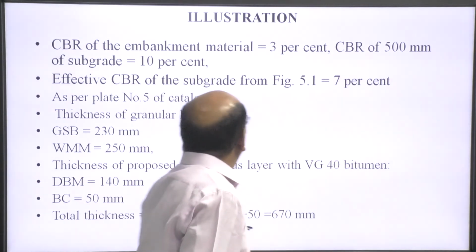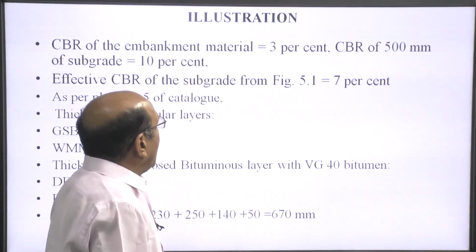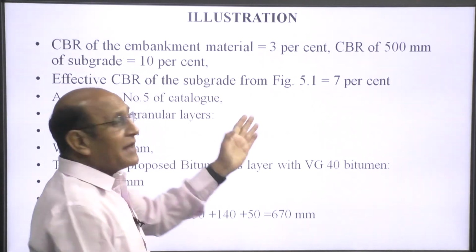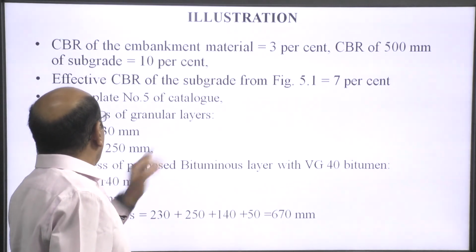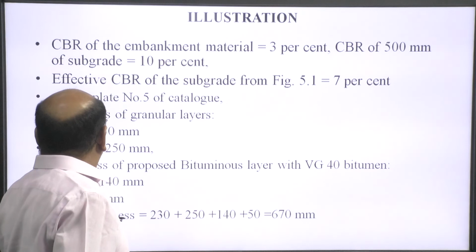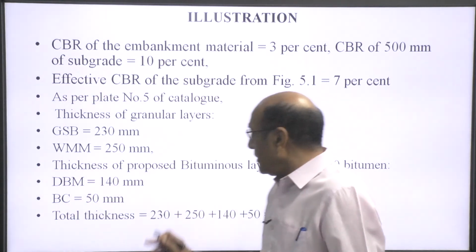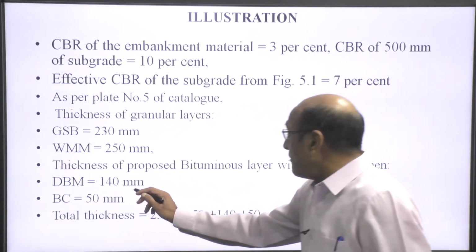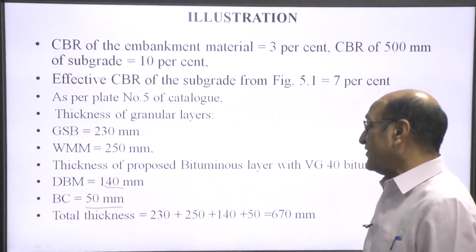So, the CBR of embankment material 3%, CBR of 500 mm of subgrade 10%. The effective CBR from the chart 5.1 will be 7%. The thickness of granular layer GSB will be 230 mm, WMM 250 mm, thickness of proposed bituminous layer with VG40 bitumen DBM 140 mm and BC, bituminous concrete for the wearing surface, 50 mm.